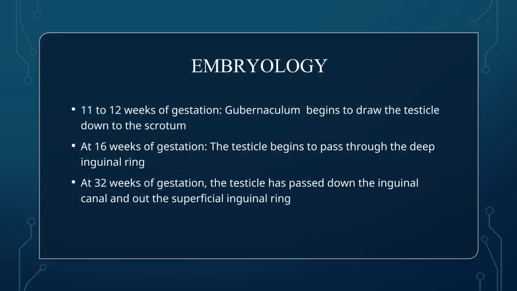The timing of the descent of the testicle is as follows. Around 11 to 12 weeks of gestation, the gubernaculum attaches to the inferior aspect of the gonad and pulls the testis downward. By the 16th week, the testis passes through the deep inguinal ring, and by 32 weeks, it crosses the inguinal canal and emerges through the superficial ring.